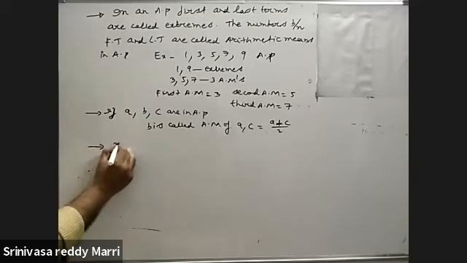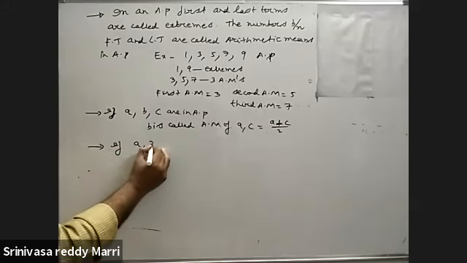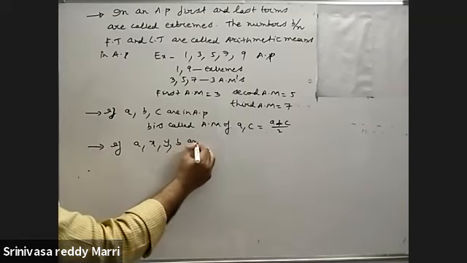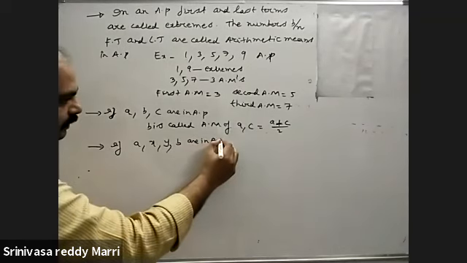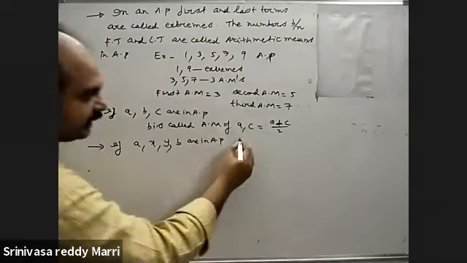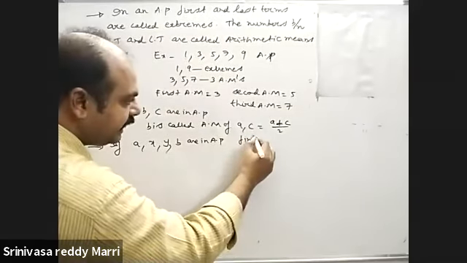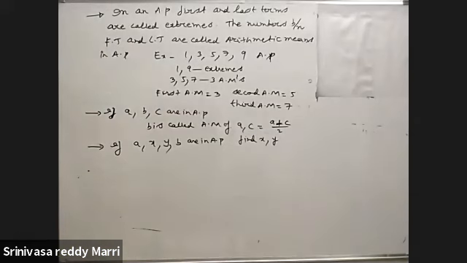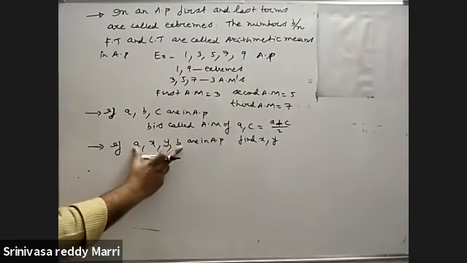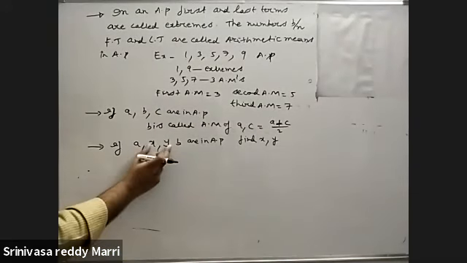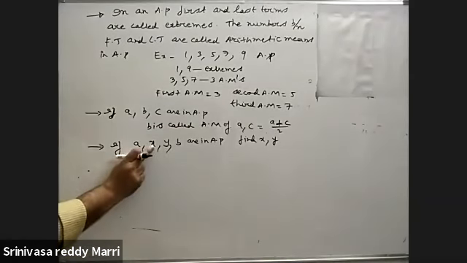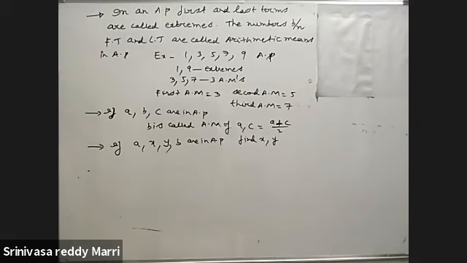Suppose A, X, Y, B are in AP. Find X comma Y. That means he is asking for the arithmetic means inserted between A and B. This is the first arithmetic mean, this is the second arithmetic mean.